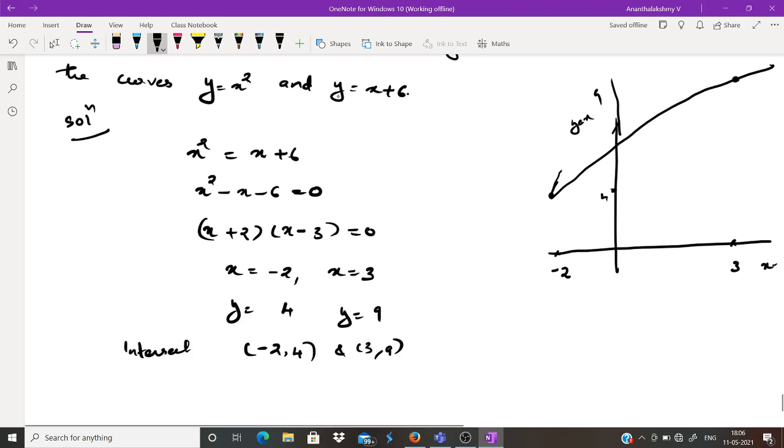Then you have to draw the graph of y equal to x square. That is the graph of a parabola opening up. And you know that they intersect at these points. Maybe we'll mark the intersecting points with a red dot.